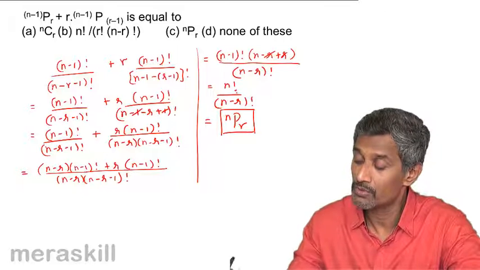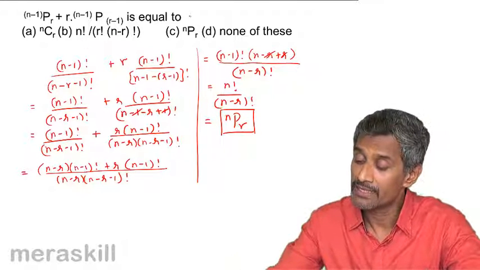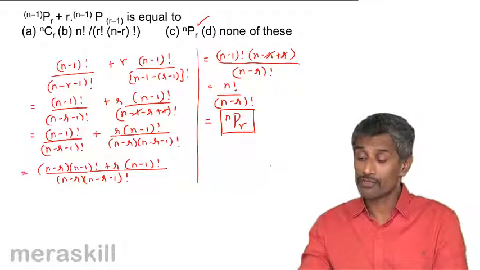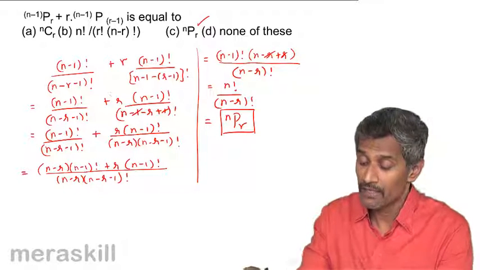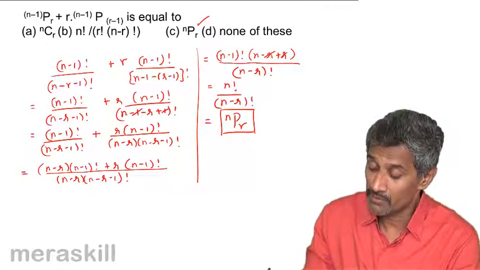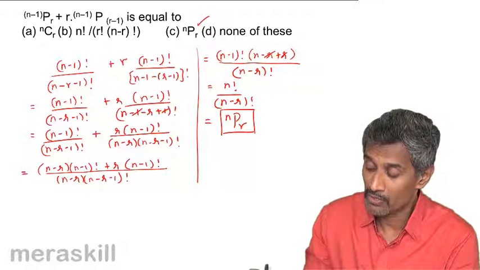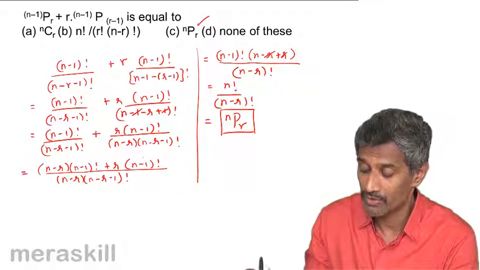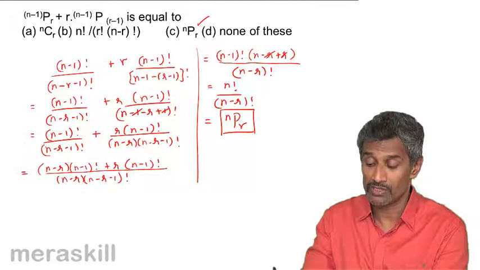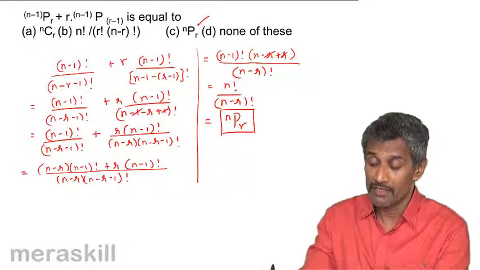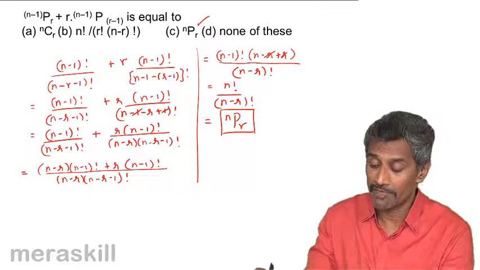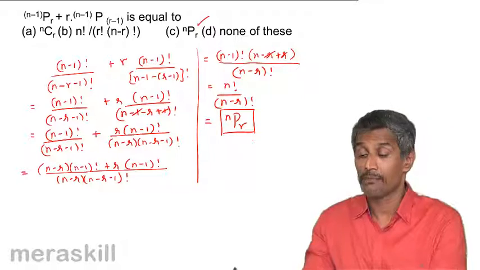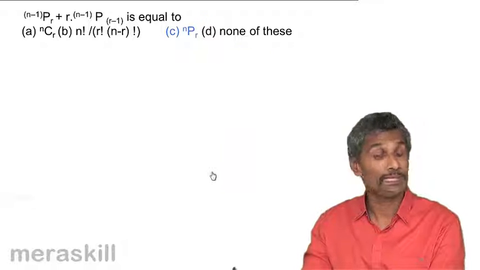So this works out to be this. So among these, it is this value which is the correct option. So we are just basically converting them to simpler terms. Once you get (n minus r) factorial, which can be written as (n minus r) into (n minus r minus 1) factorial, you can skip this step, because in any case this is going to be (n minus r) factorial and hence we get it as nPr. And yes, that's what we have.